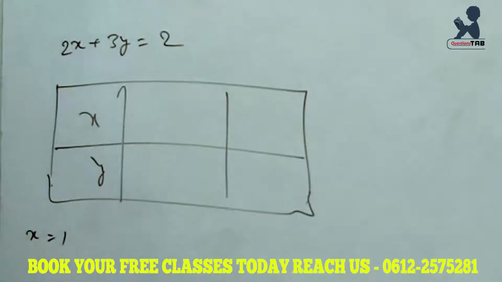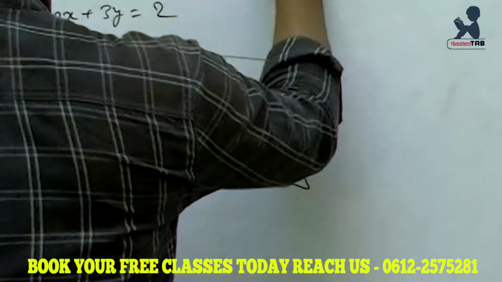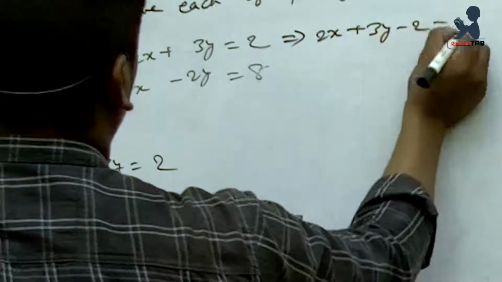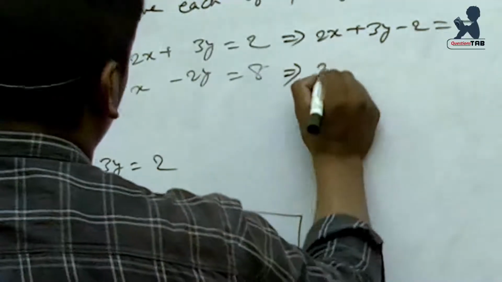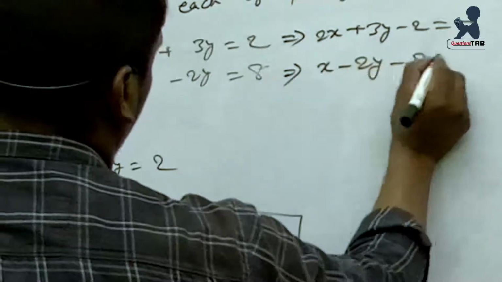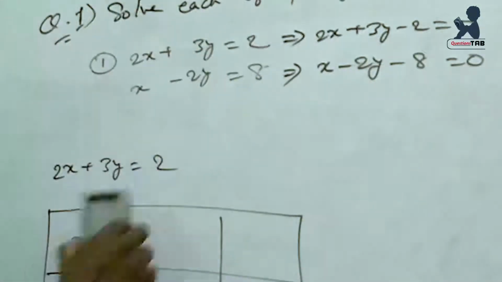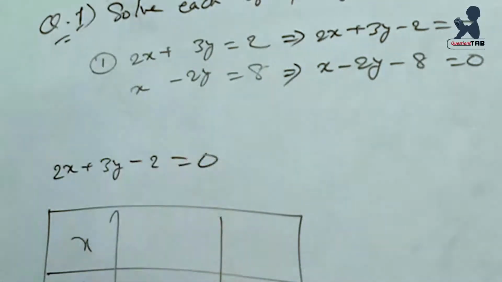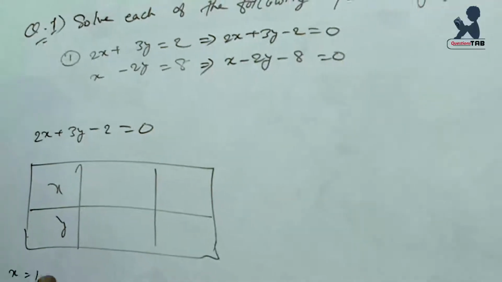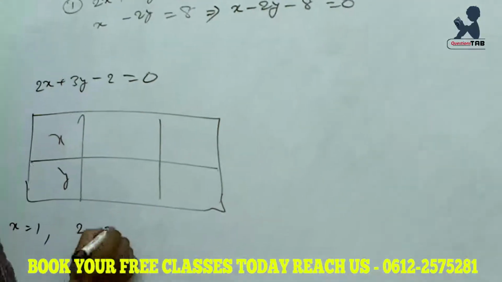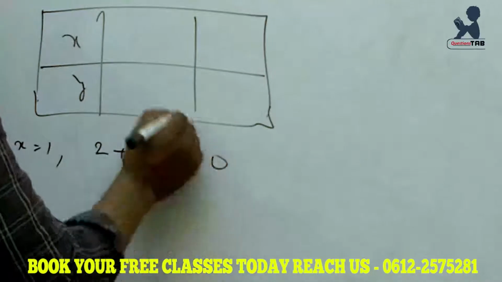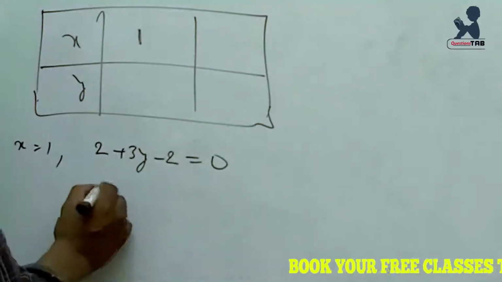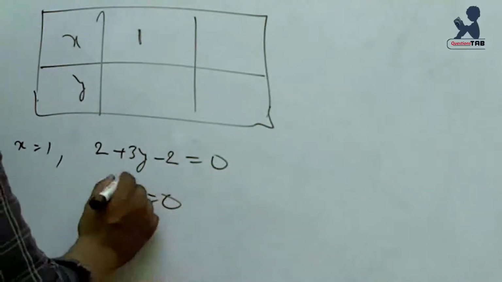This equation we can write as 2x plus 3y minus 2 equals 0, and this one as x minus 2y minus 8 equals 0. For x equals 1 we get 2 plus 3y minus 2 equals 0. So 2 minus 2 is 0, and then we get y equals 0.